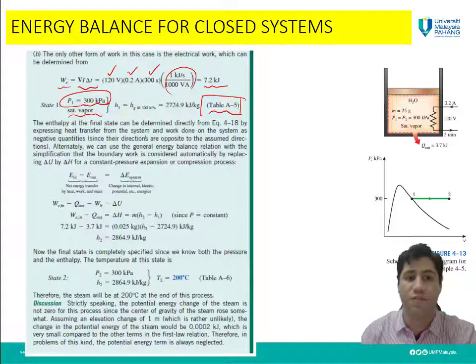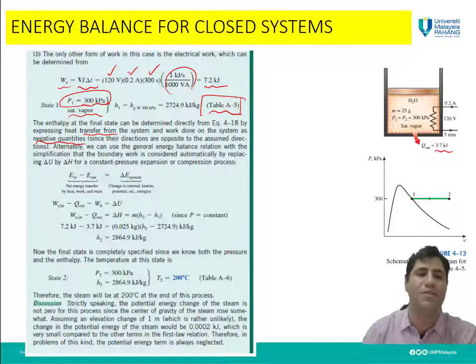We express heat transfer from the system and work done on the system as negative quantities. These are our assumptions here. So we have 3.7 kilojoule with a negative sign, and also we have work on the system, which also has a negative sign.